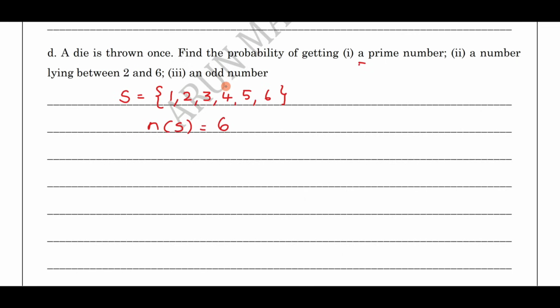What is the first question? Getting a prime number. Let A be the event of getting a prime number. You should write it.